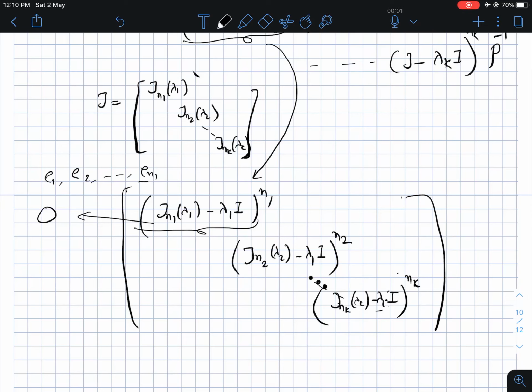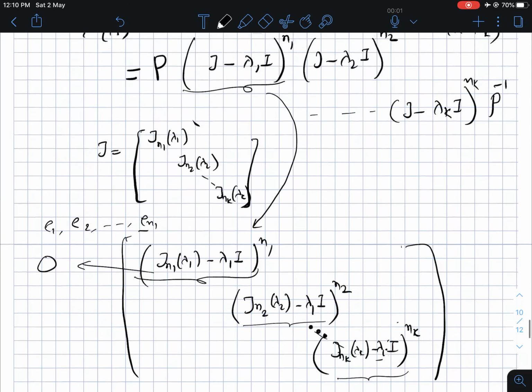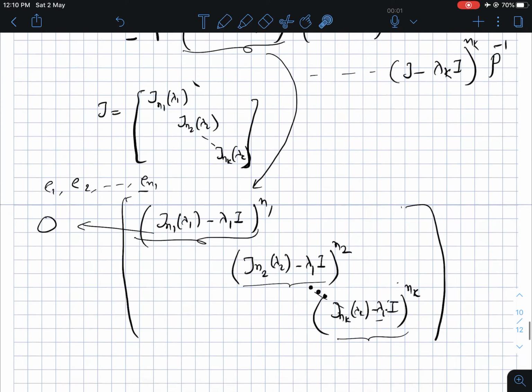So this matrix is going to be the 0 matrix. These other matrices could be something non-zero. In fact, they will all be invertible: if lambda 1 is different from lambda 2, this matrix will be invertible, and similarly for lambda k. All of these will be invertible, and this one will be 0.